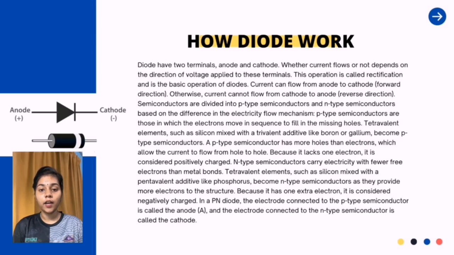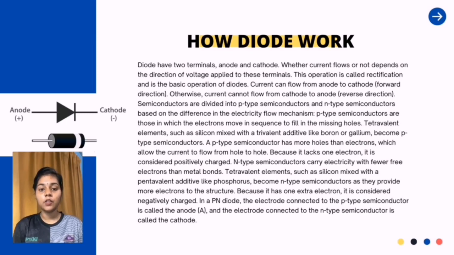Semiconductors are divided into P-type and N-type semiconductors based on the difference in the electricity flow mechanism. P-type semiconductors are those in which electrons move in sequence to fill the missing holes.